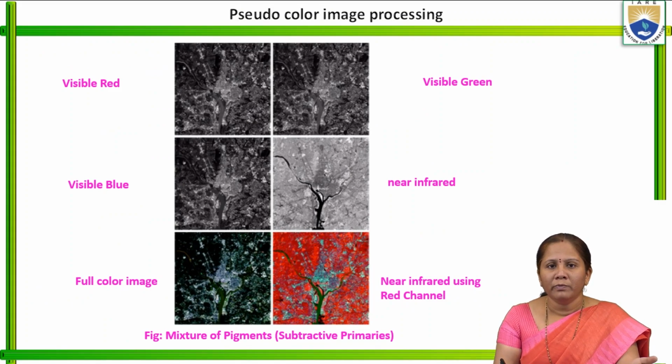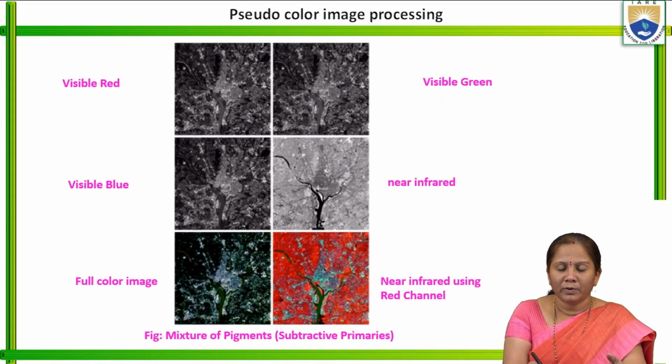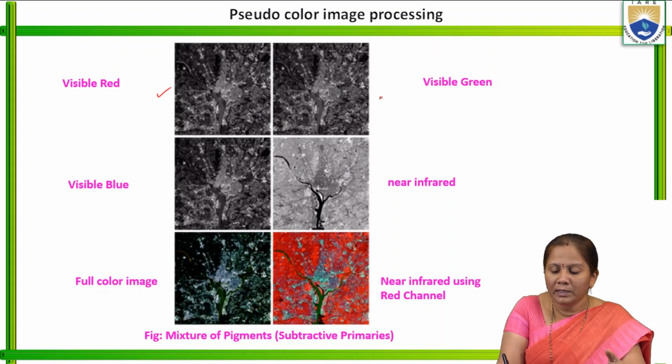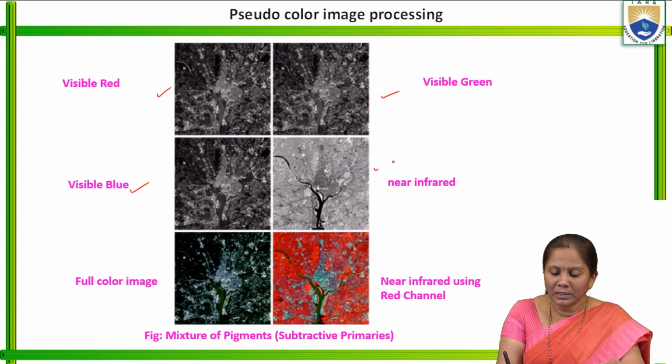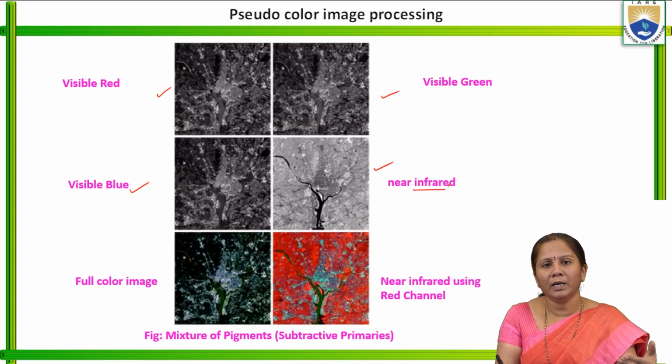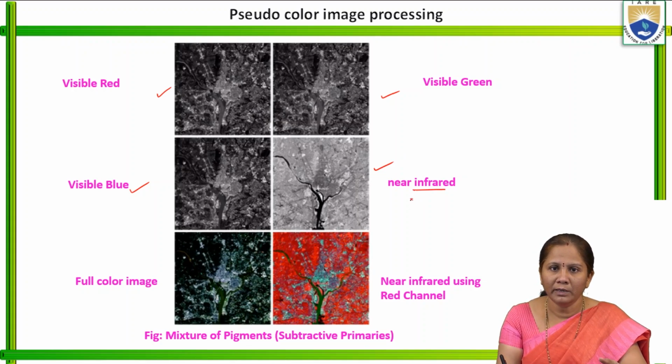Now, when more grayscale inputs are available, here is an example. This image represents visual red, this image visual green, and this image visual blue. These three are the normal visual RGB images, and this image represents different colors, which is near infrared.